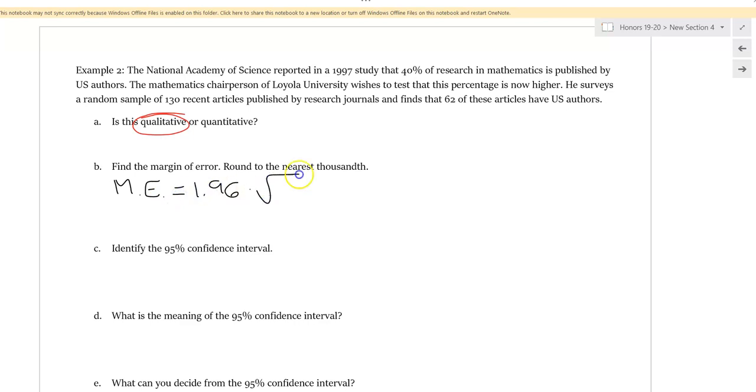1.96 times our square root of p hat times 1 minus p hat, all over n. Okay. And in this case, our p hat, our proportion, well, it says 62 out of the 130 had U.S. authors.